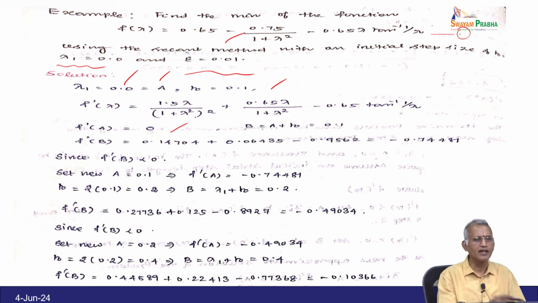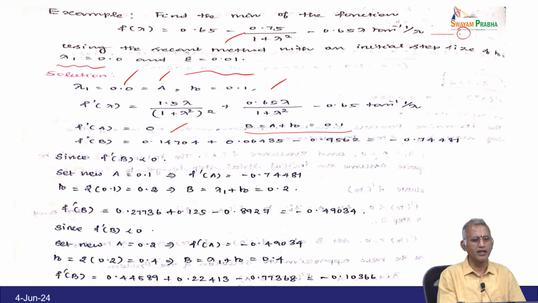Therefore, f dash of A equal to 0, and B, f of B. So B is nothing but A plus t naught, and A is 0 and t naught is 0.1. Therefore, B equal to 0.1.